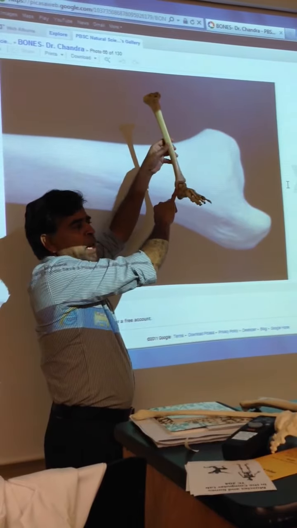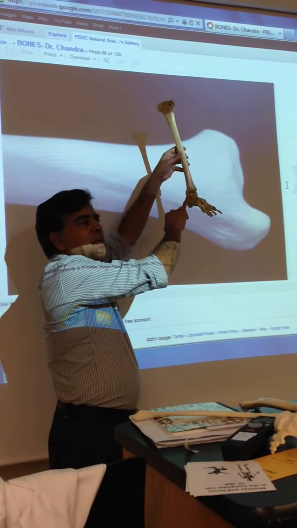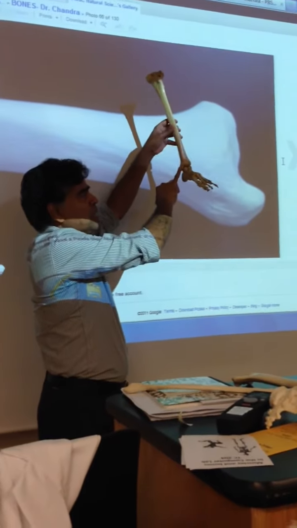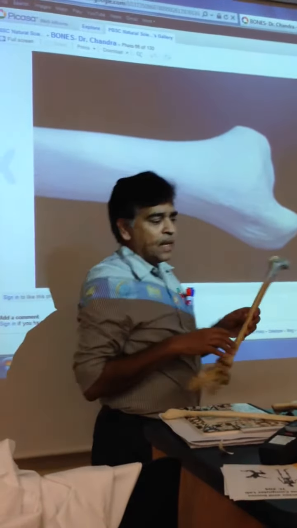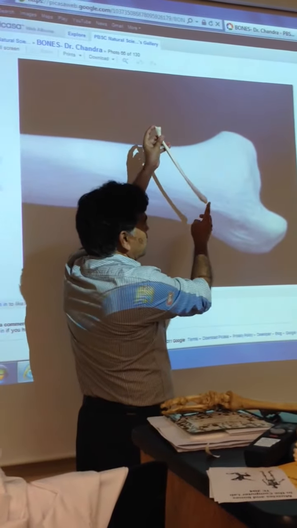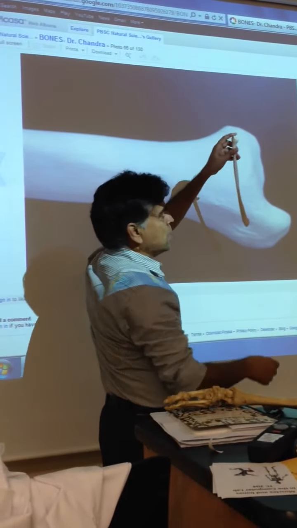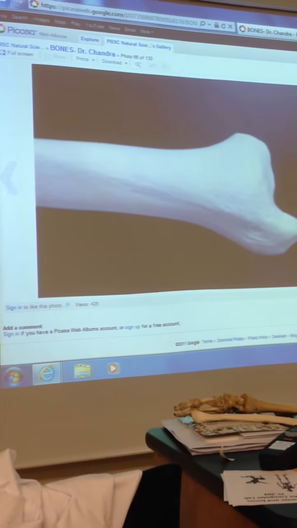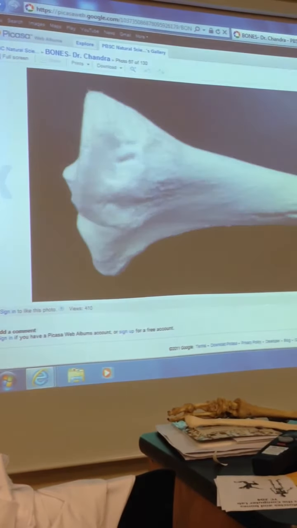Think of your M&M. Medial malleolus, like in your M&M. The lateral malleolus is on the fibula. That's the lateral malleolus, and the head of the fibula. Those are the two parts that we need to know on the fibula.